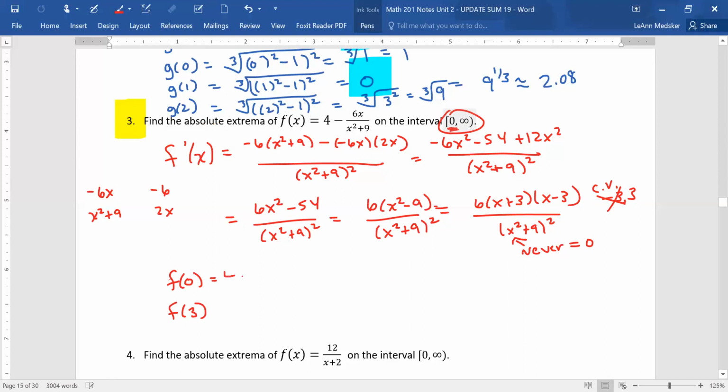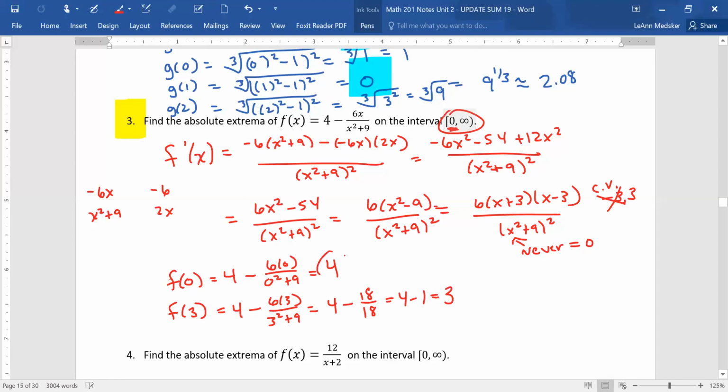So this is 4 minus 6 times 0 over 0 squared plus 9. That's just going to be a 0, so this is going to be 4. And then the other one is 4 minus 6 times 3 over 3 squared plus 9. That is 4 minus 18 over 18, which is 4 minus 1, which is 3.